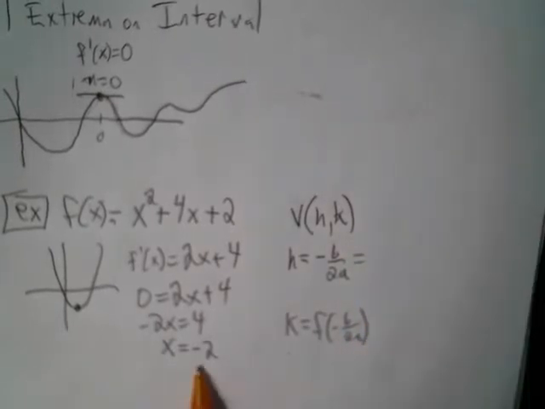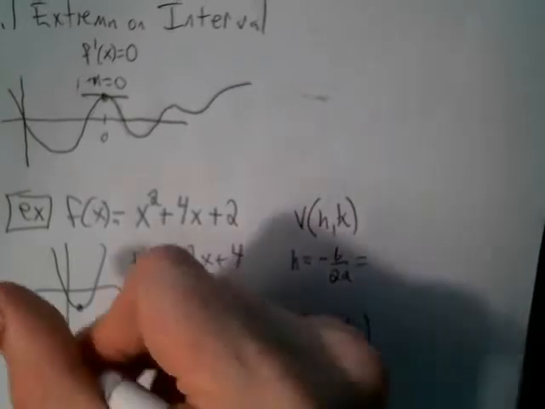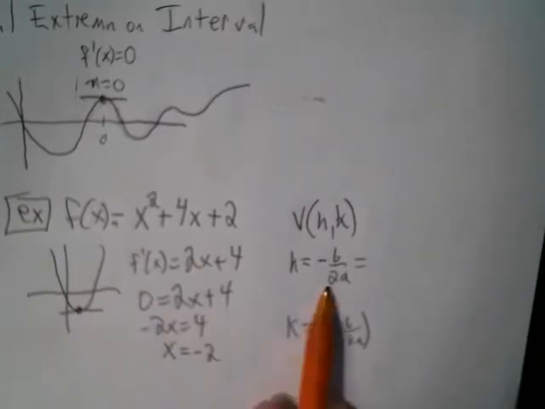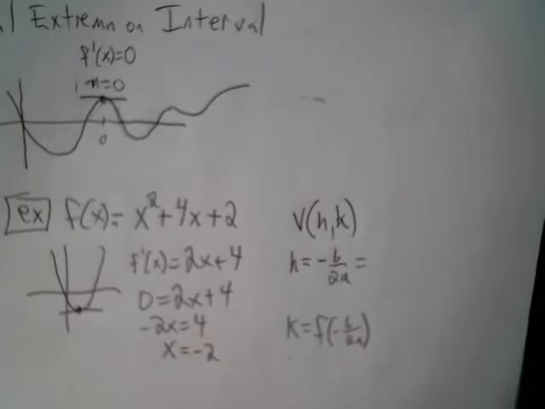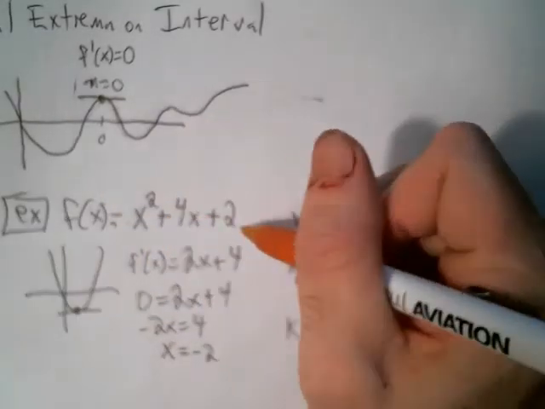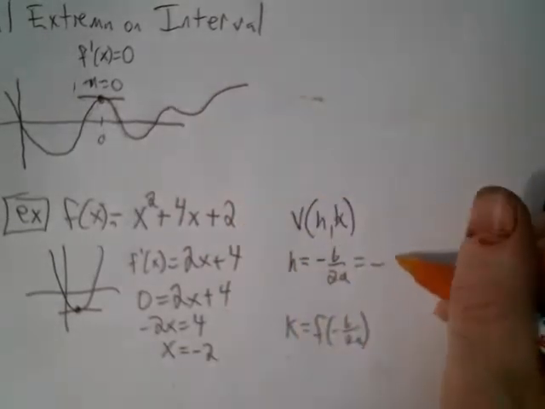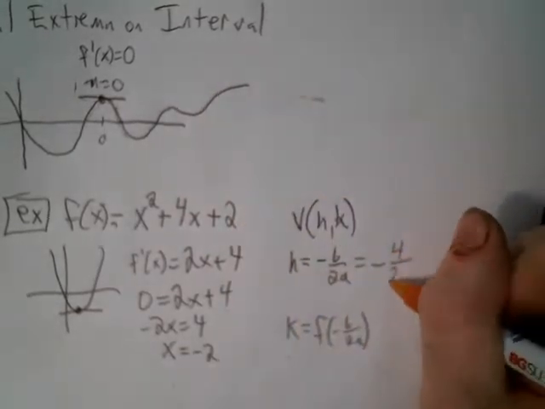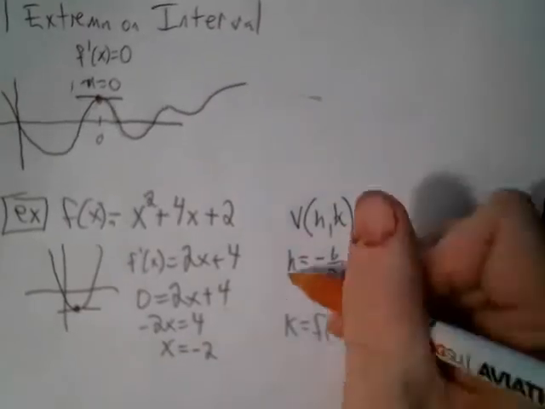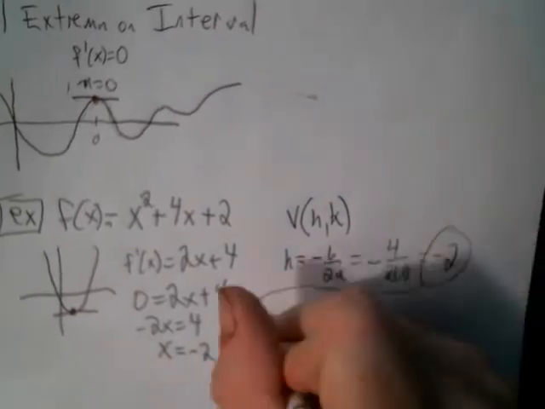If we're right about this derivative showing us where we have a minimum value, in other words where the derivative is equal to 0, we'll find the vertex, and this should give us negative 2. Here a is 1, b is 4, c is 2, so you'll get negative 4 all over 2 times a, which is 1, so that would be negative 2. And sure enough, that's what we get.